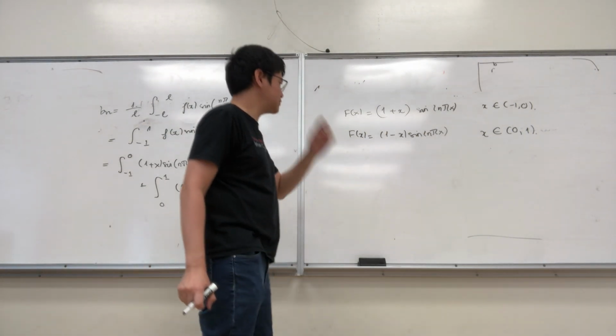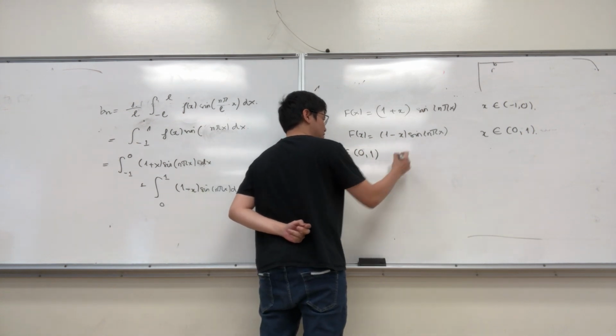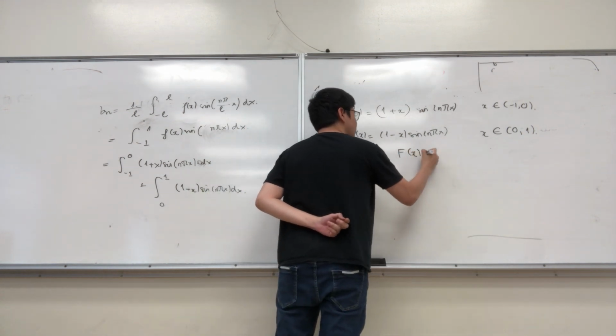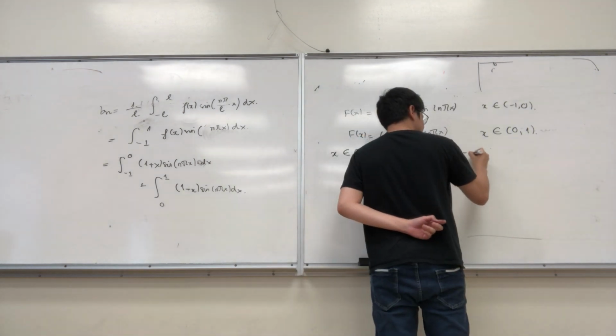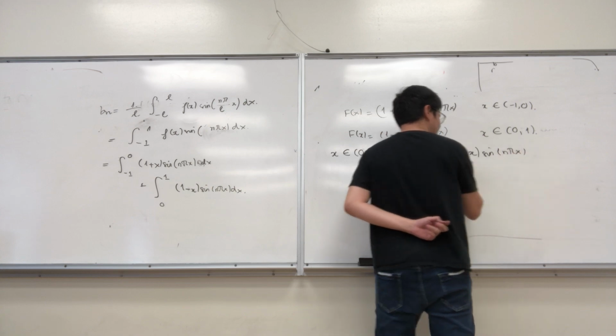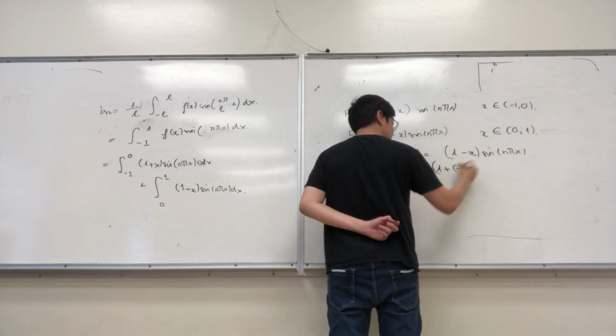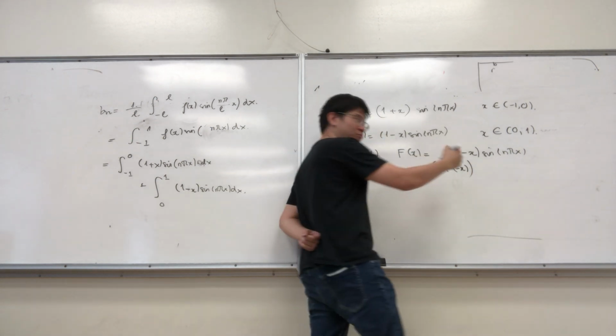This is an odd function, because if you consider x from 0 to 1, you have f(x) be (1 - x) sin(nπx). So I'm going to write 1 - x as 1 + (-x), and here I'm going to put a minus.